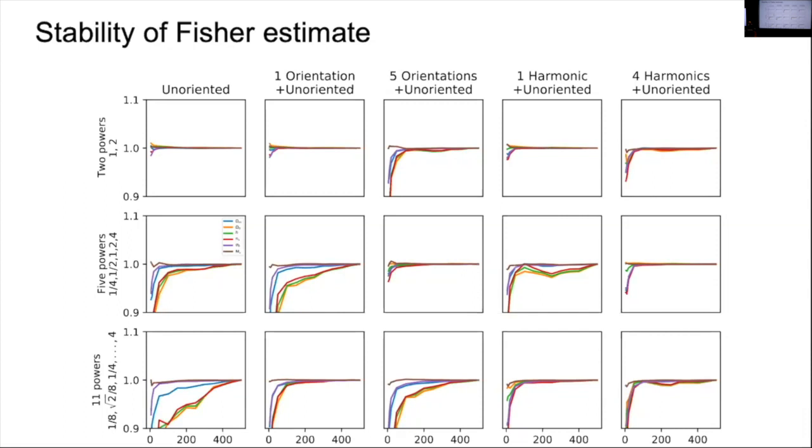And I discover that if I use unoriented wavelets and a lot of powers in the third row, my stability basically goes down the drain. But if I add some oriented wavelets, which one can see on the right-hand side, or harmonic wavelets, the descriptors remain stable even when I use lots of integral powers.